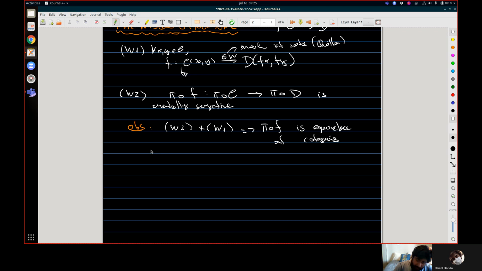To see this, we note that if this is a weak equivalence, then pi 0, the induced morphism here, is a bijection.